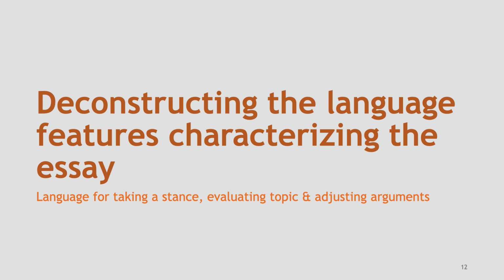From this week onwards, we are talking about how we are using language for taking a stance, giving evaluation on the topic, and adjusting your arguments in terms of different degrees.